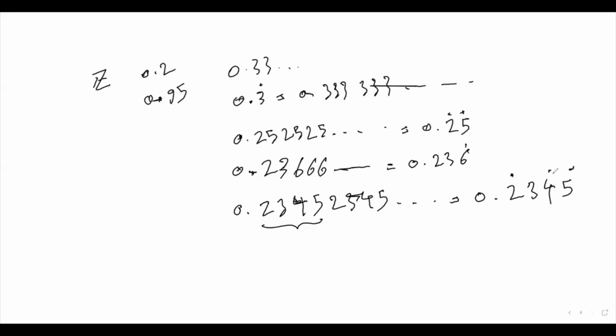If you put a dot on top of all of them, it's correct, no issue. But if you see something like this, you should know what it means. It doesn't mean 2 keeps repeating until when, and then you have 3 and 4, and then 5 keeps. That doesn't really make sense, so don't treat it like that. If there is a dot on top of the first and last digit, you should know what it means by now. It means this whole thing keeps repeating.